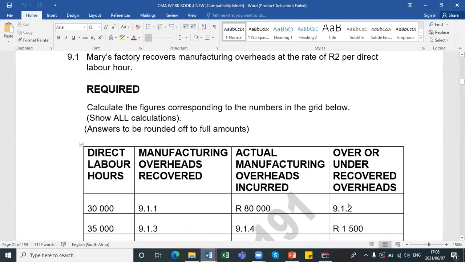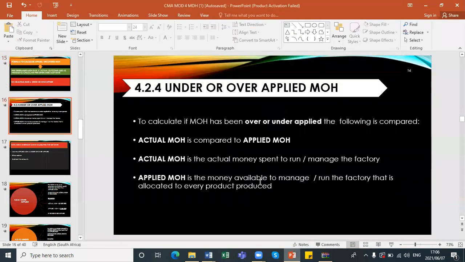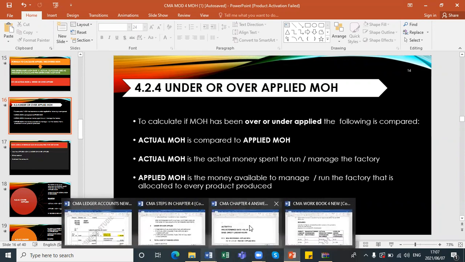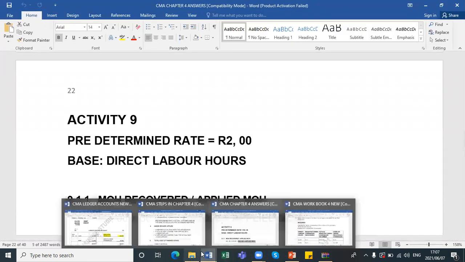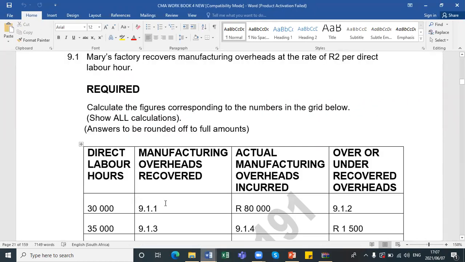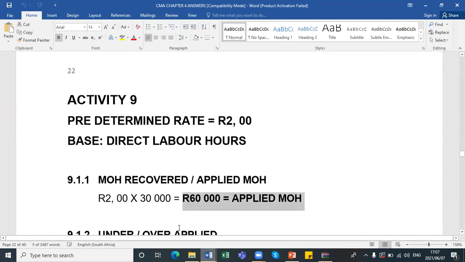Now, in 9.1.2, they want you to calculate under or over applied. Now, to calculate under or over applied, you need to use two items. You need to use your actual overheads and you need to use your applied overheads. In 9.1.1, we calculated our applied overheads, and here's our actual overheads.